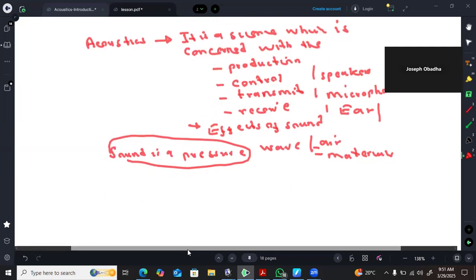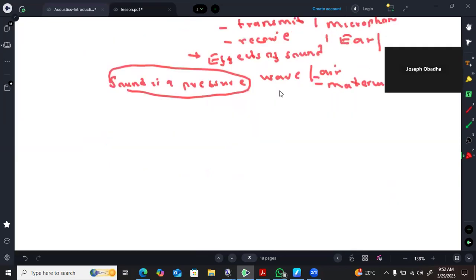So acoustics can have several branches, and what we are interested in more, if it is in the electrical field, is what you call electroacoustics. Because electroacoustics itself is a science that deals with the transformation of acoustic energy into electrical energy and vice versa.